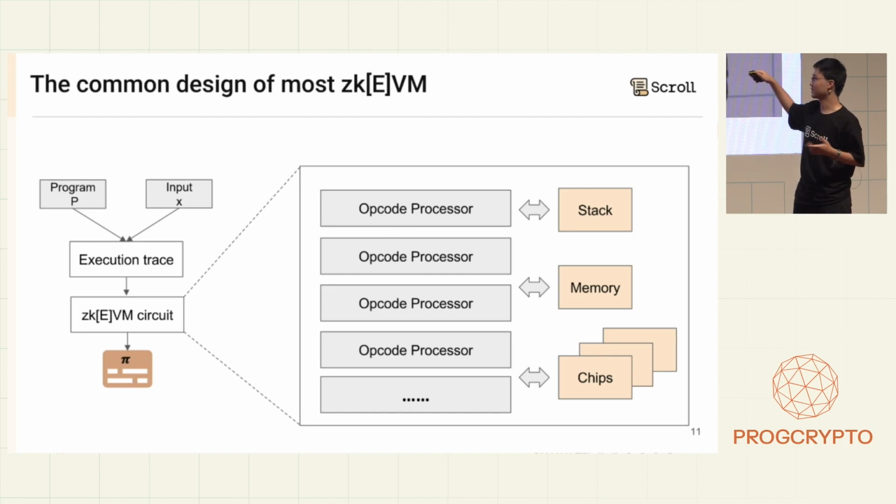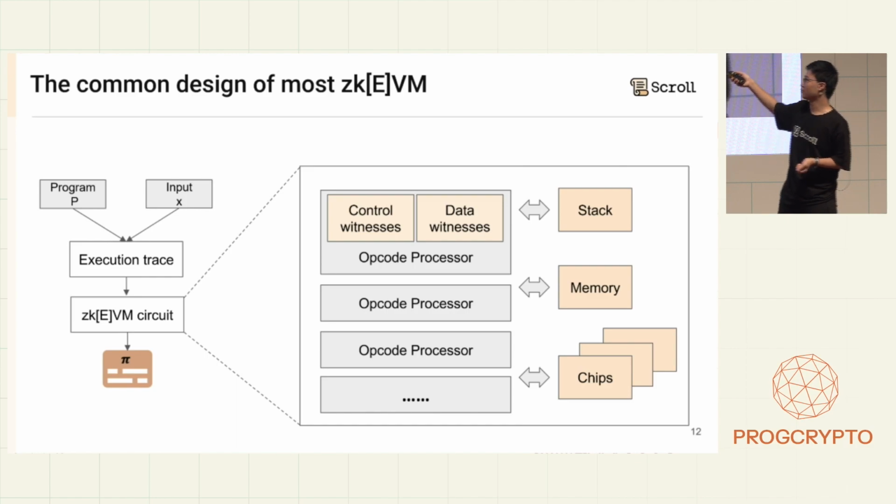For example, the same opcode processor can process push, pop, or any opcode you fit into that slot. This opcode processor is more like if-else logic: if its input is push, it proves push, and if it's another opcode, it proves that opcode. So it's a very general logic to prove anything.